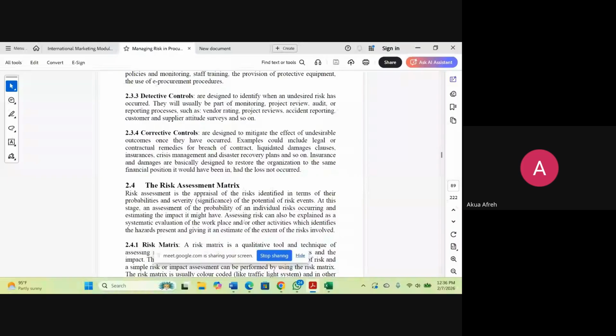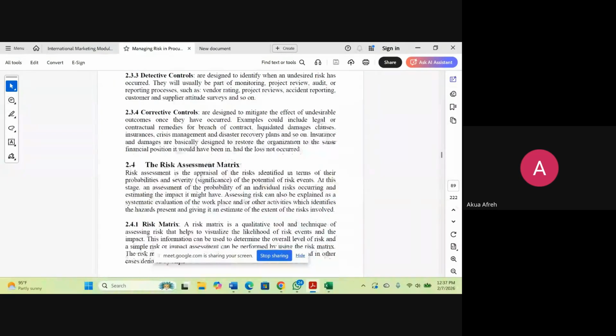So the risk has happened, but maybe at first we didn't have anything like insurance, but after we saw the first one happen, we go and insure our goods and our property with an insurance company, or we pursue legal remedies. So these restore some financial position after the damage has occurred. Okay.